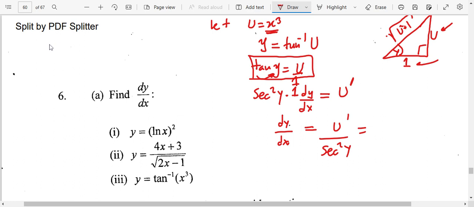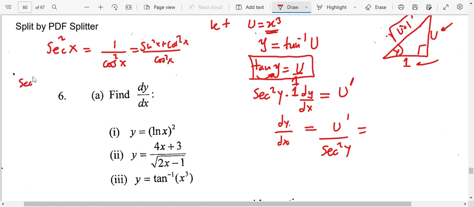Like you know that sec x is 1 over cos x. So I'm going to square everything, square here, square also here. And you know that 1 is the same as sin squared x plus cos squared x, and then divided by cos squared x.